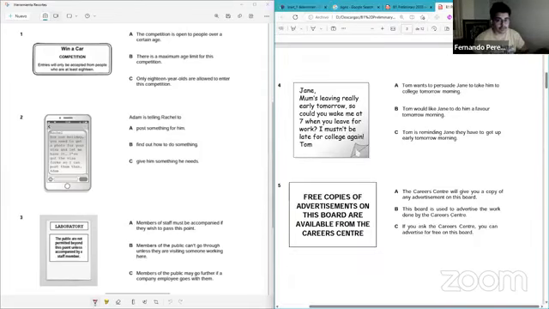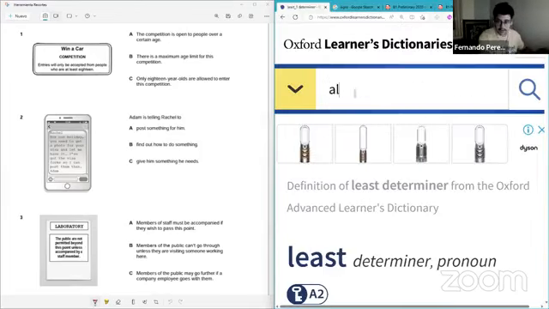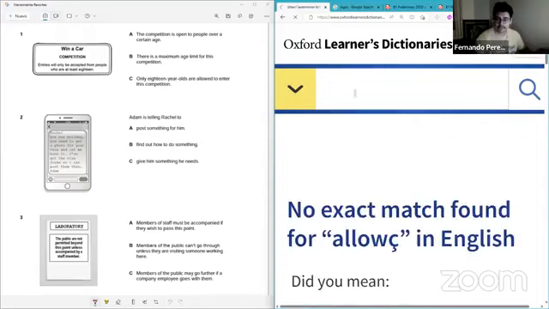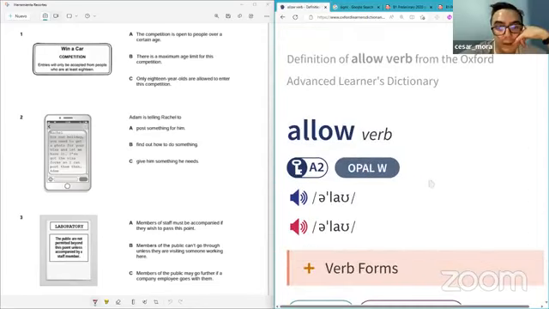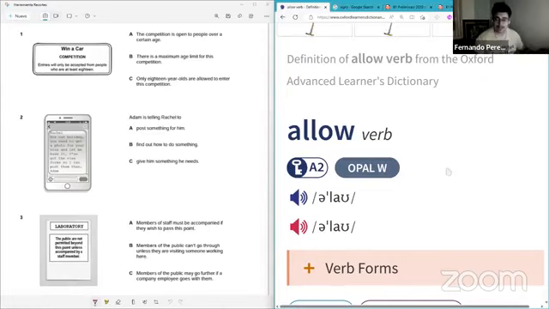Pronunciation, brother. Be careful over there. How do you pronounce this? Allow, not allow. So what is the past? Allowed. Yesterday we saw allowed. Well, 2 days ago. If the word ends in a voiced sound, you don't pronounce the E. Allowed.